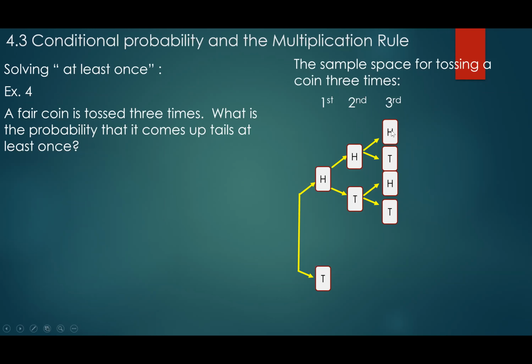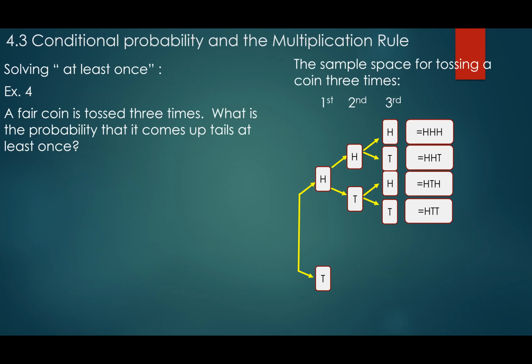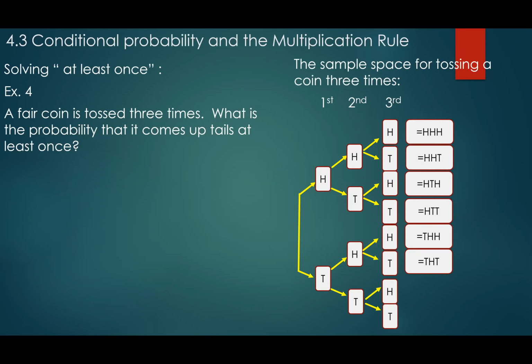So my sample space is: I can have a head, a head, a head; a head, a head, a tail, which is first head, second head, third one tail; or a head, a tail, a head; and a head, a tail, a tail. Those are the ones where the first item is a head. Vice versa for the tail. Everybody see that this is my sample space? I have 8 different outcomes.